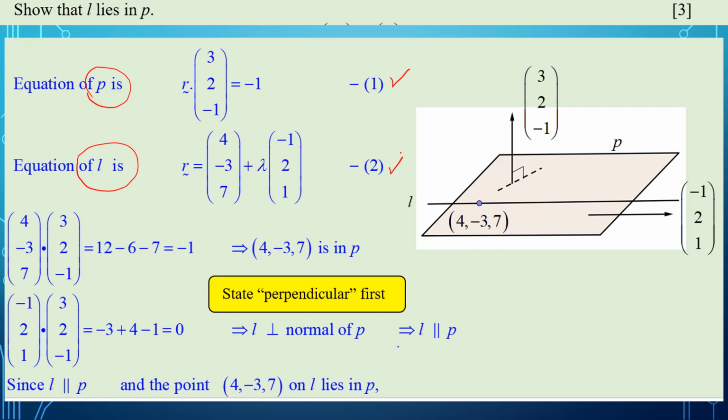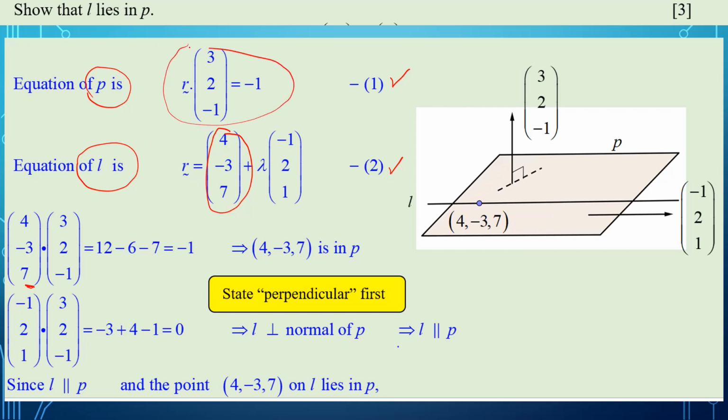The first theory you need to understand is that if the line L lies in the plane P, then this point (4, -3, 7), which is along the line L, should also be on the plane P. So I need to check this. I put (4, -3, 7) into equation 1, the equation of the plane.